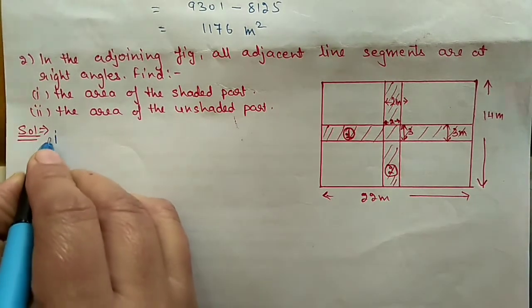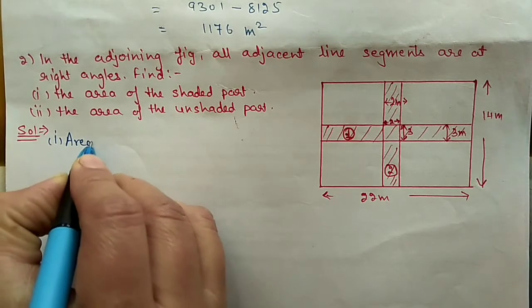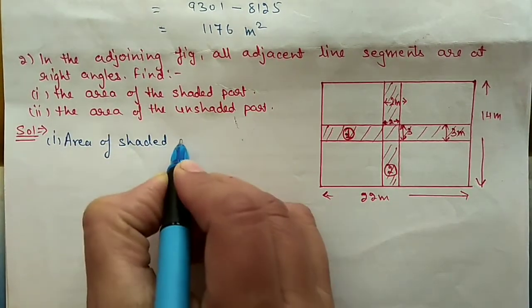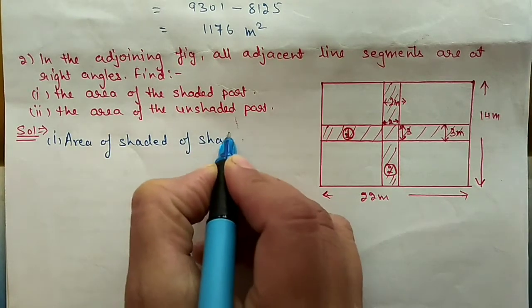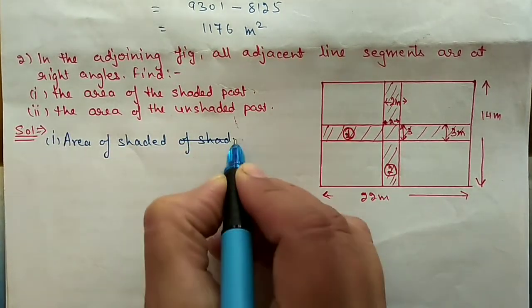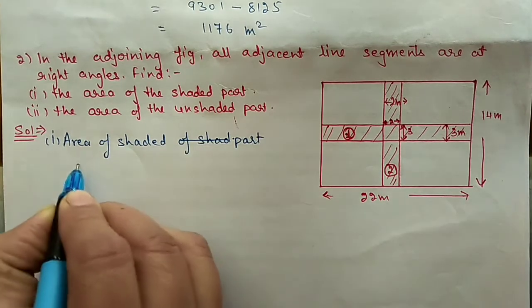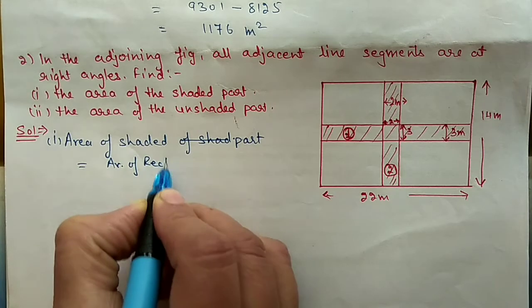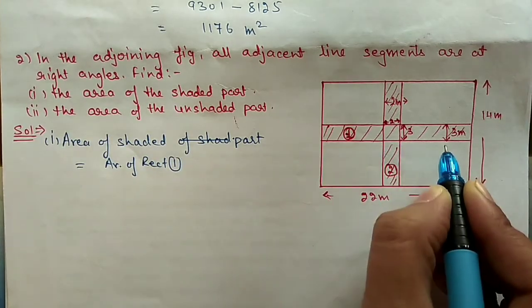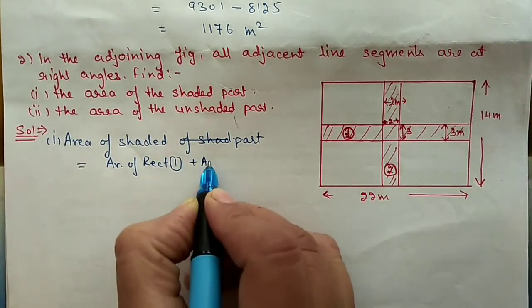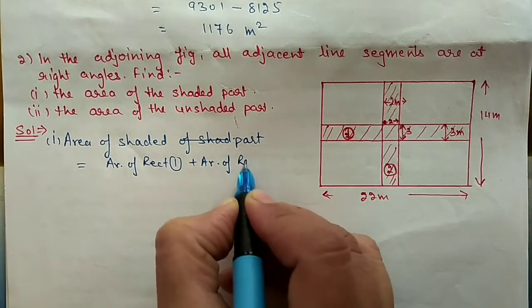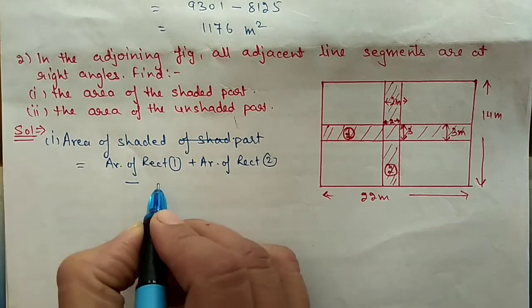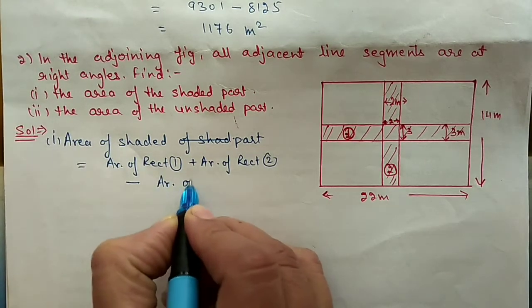So area of shaded part is equal to area of rectangle 1. This rectangle we have taken as 1. Then area of rectangle 2, this one, and then we have to remove the area of the common part.